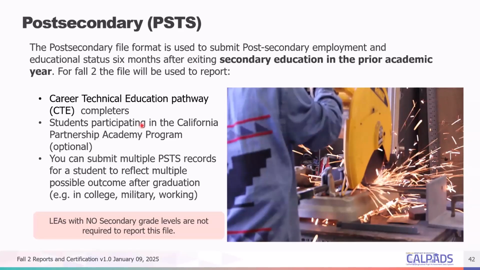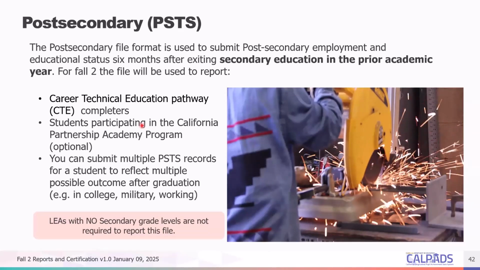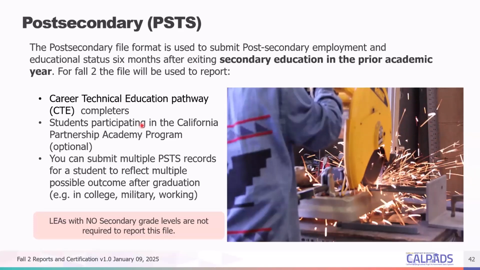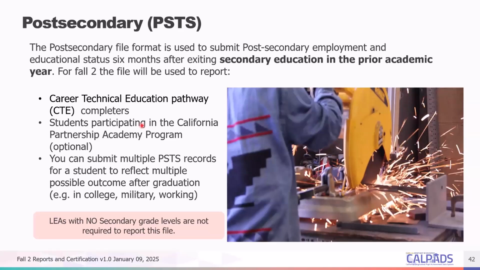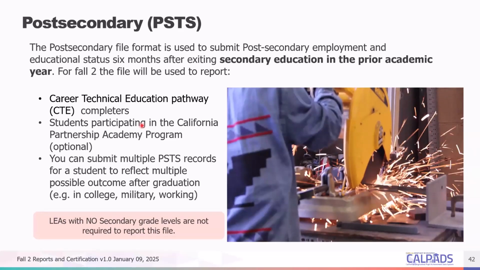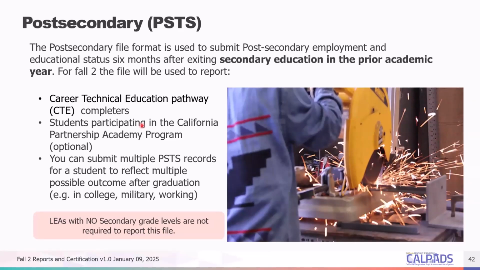You have your students who completed high school last year, who also completed a CTE pathway or participated in the California Partnership Academy, who are now either in college, working, or in any capacity, right? So the CDE wants to know what those students are doing at this time.